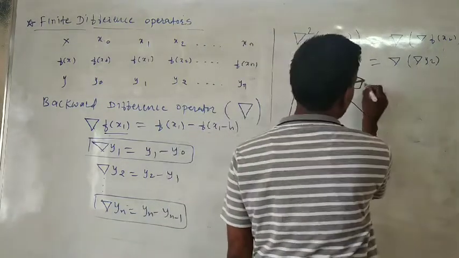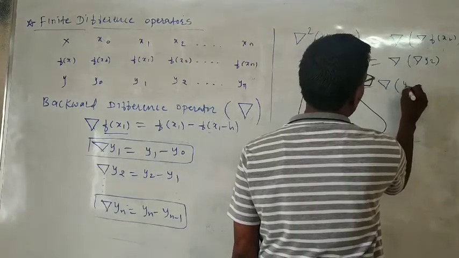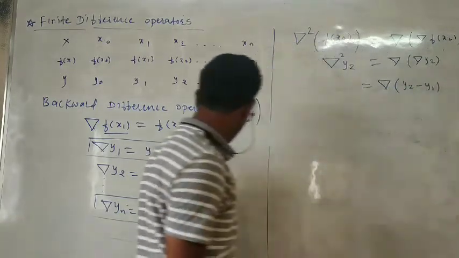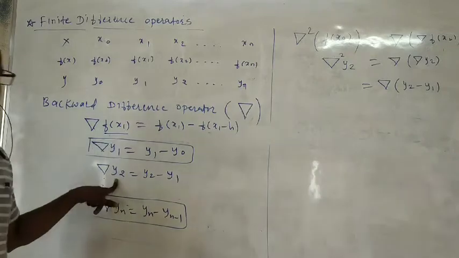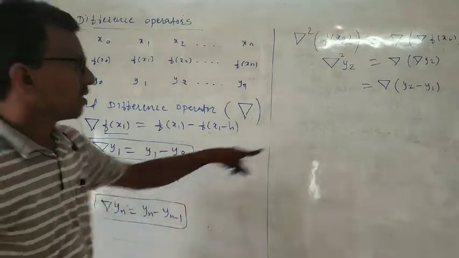Backward difference operator of y2 is equal to y2 minus y1.